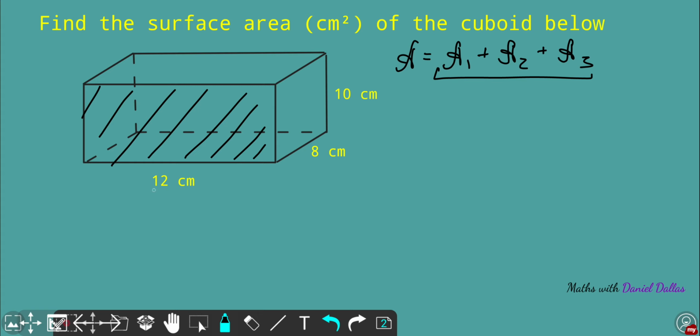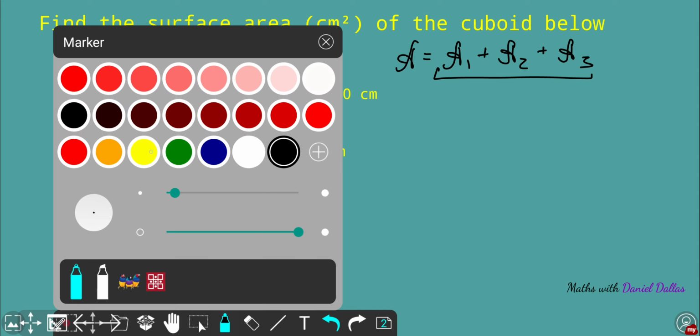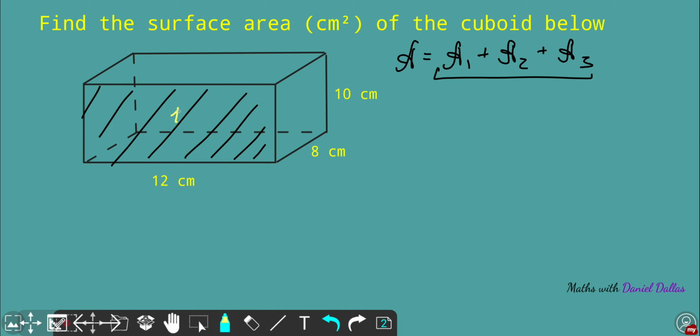For example, if you take that front face and mark it as face number 1, it has an identical face on the back side. The size is 12 by 10, and the back side is also 12 by 10. That's the same rectangle.